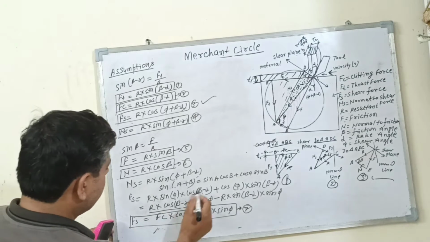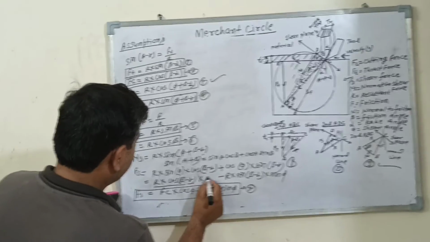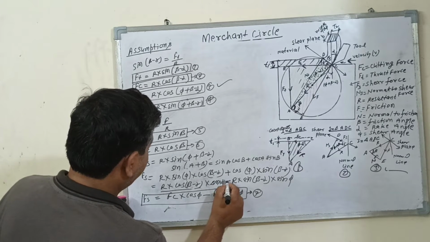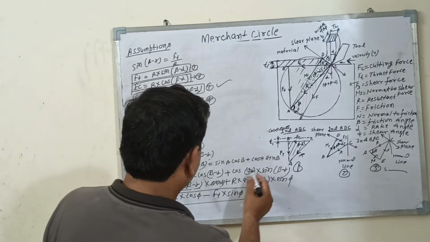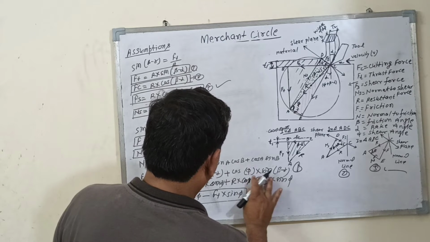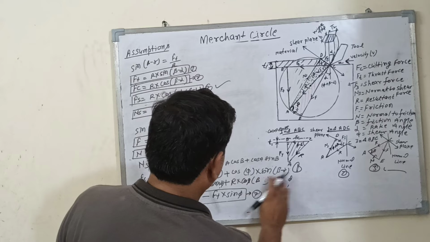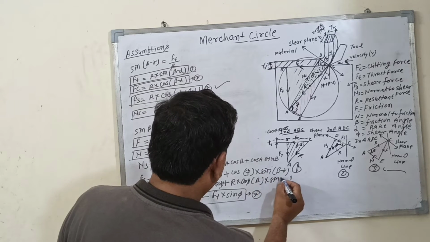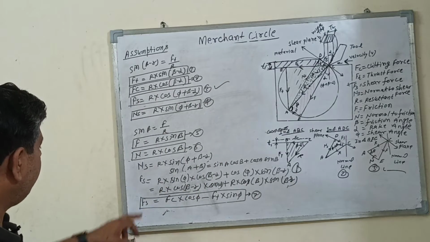So R cos(b − alpha) here, sin phi plus cos phi sin(b − alpha). Put the value here.